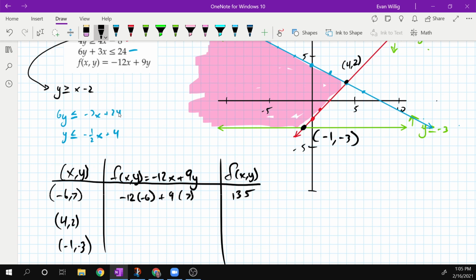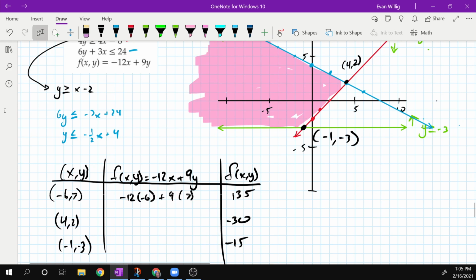And I also have, I'll do the bottom one first, -1 times -12 and -3 times 9, that's -15. And now I'll do this middle one here, 4 and 2. -30.